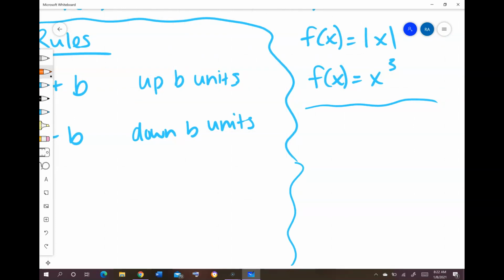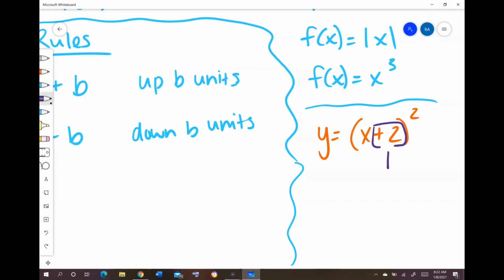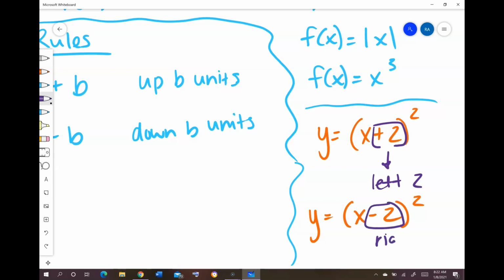Say you have f of x, or we'll keep it as y, sorry. Y equals x plus 2 squared. Remember, if it's on the inside, the plus 2, that means you went left 2 units, okay? If you say a minus 2 on the inside, that means you went right 2, okay?